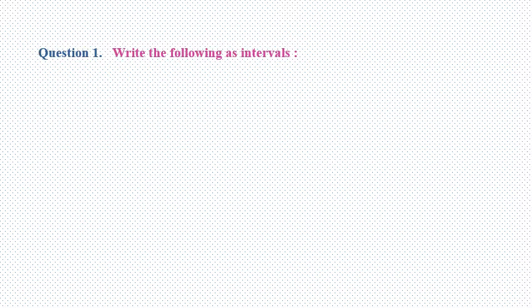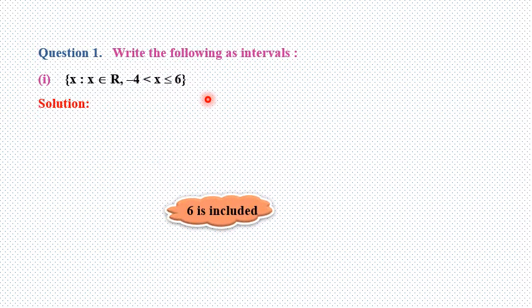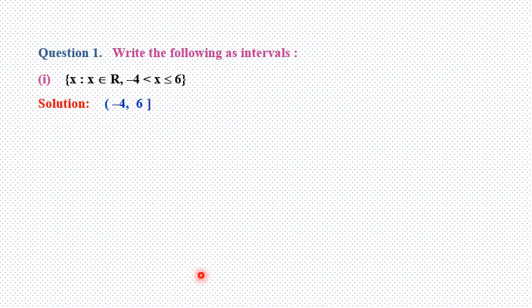Write the following as intervals. Question number 1: -4 to 6. Here -4 is not included, 6 is included. Solution: observe that -4 is not included and 6 is included. So -4 not included, open; 6 is included, close.